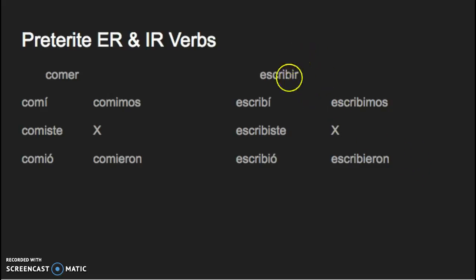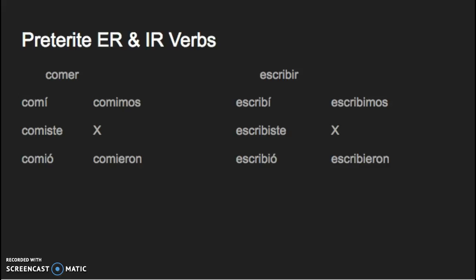Your IR verb endings are í, iste, ió, imos, and ieron. Your ER and IR endings in the preterite tense are the same.